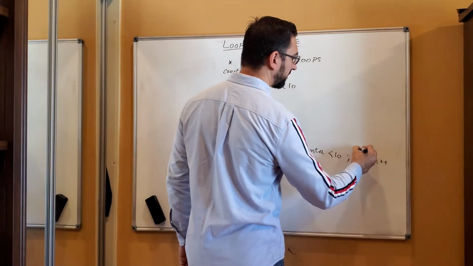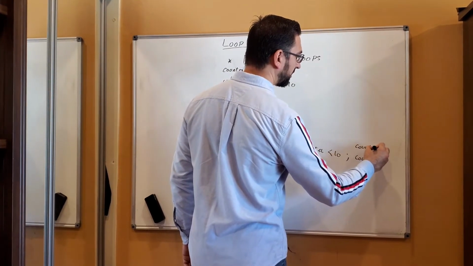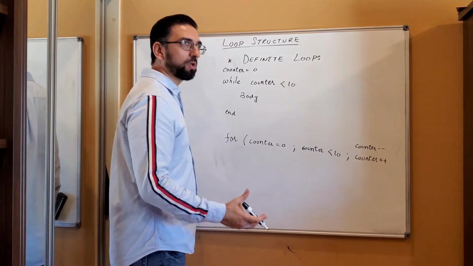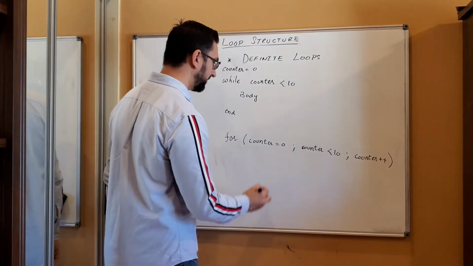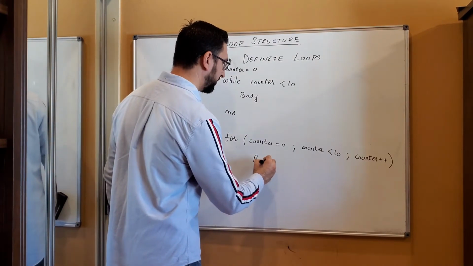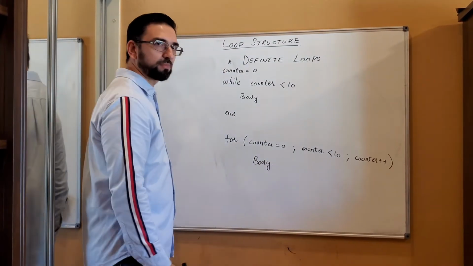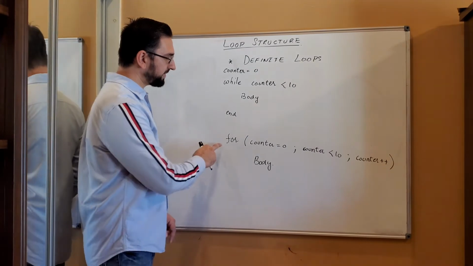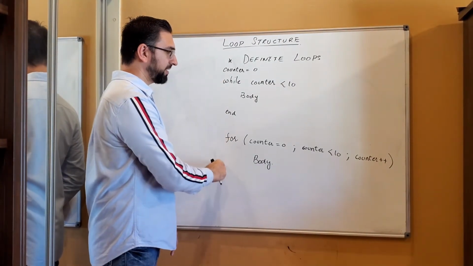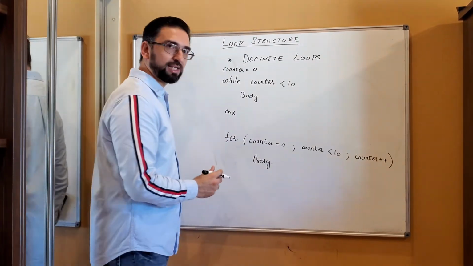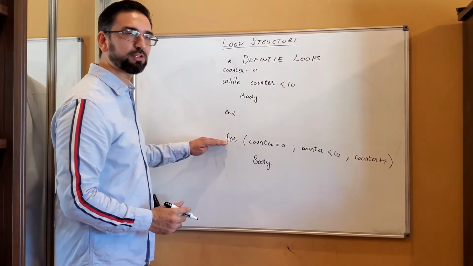Or you can say counter minus minus if you want to do a backward counter. Then after you update the counter, you execute the body of the for loop. That's just a fancier way of implementing the same logic using something short and simple. So that's how the program gets executed in the for loop.